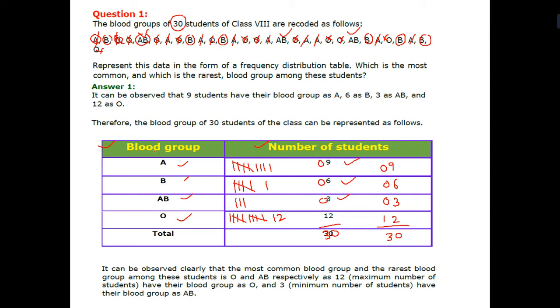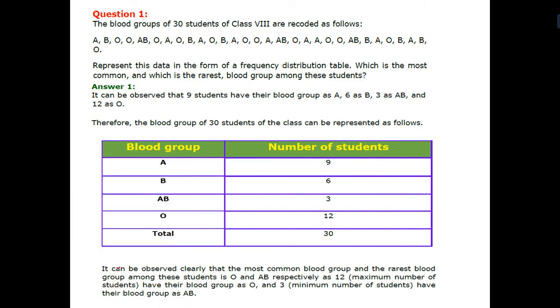Now what do we have to find out? Which is the most common and which is the rarest? Which is the most common group? 12, I think. So it can be observed clearly that the most common blood group and the rarest blood group of these are O and AB.